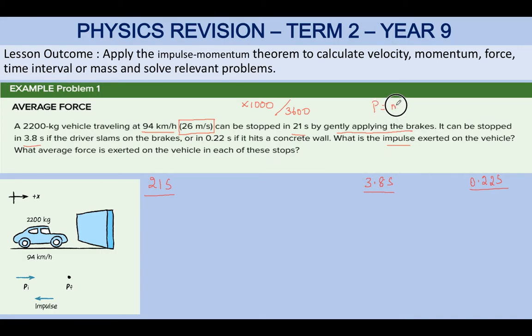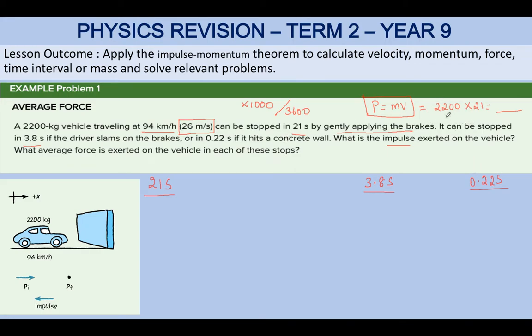P equals m times v, right? The start speed is not changing. The speed of the object is 26 meters per second. So you get the mass 2200 times 26. So this does not change in any of these calculations, right?